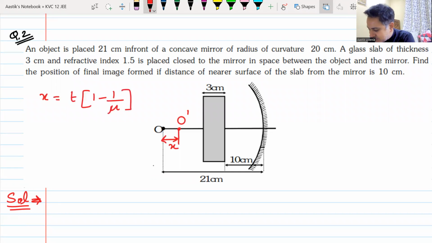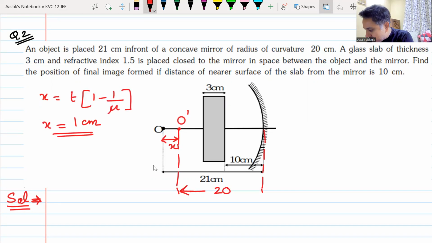So what is the value of this x coming as, my dear bacha? 1 centimeter, yes or no? This x is coming as 1 centimeter. So your actual u, which was minus 21, now becomes minus 20. Yes or no? Do we all understand this? Yes, sir.